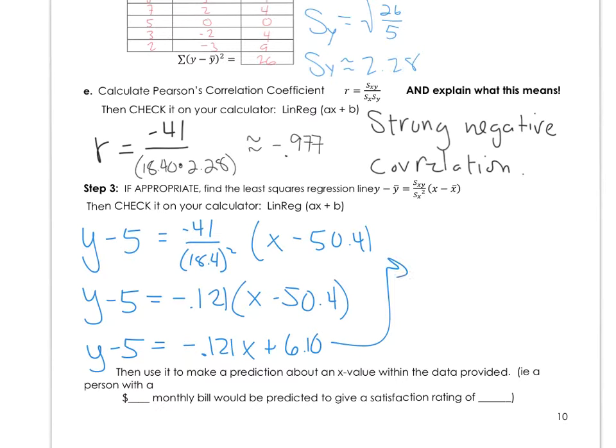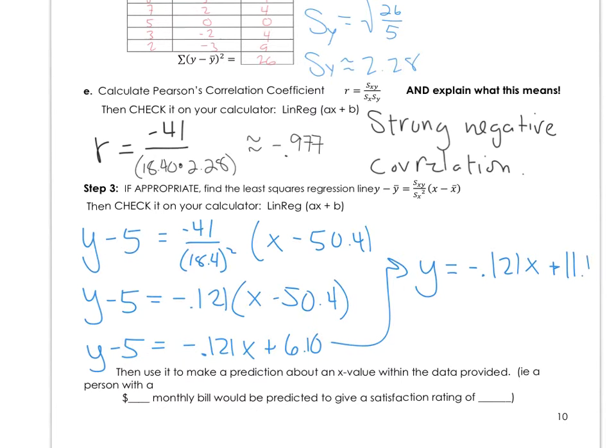So my model is going to look like this: y is equal to negative 0.121x plus 11.1. All right, last thing I'm going to do is check using stat and calc, option 4, and it looks pretty close there.